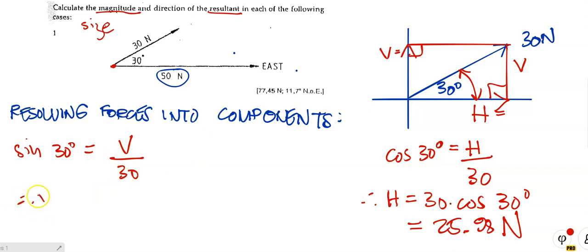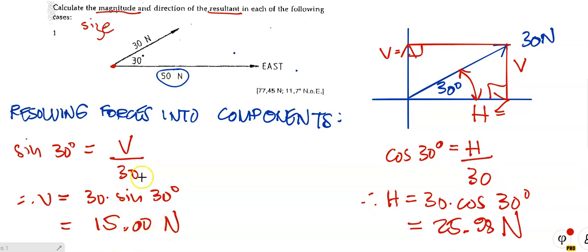So therefore, V is equal to 30 times sine of 30 degrees. And you should know by now, sine 30 is a half, so it's 15.00 newtons.